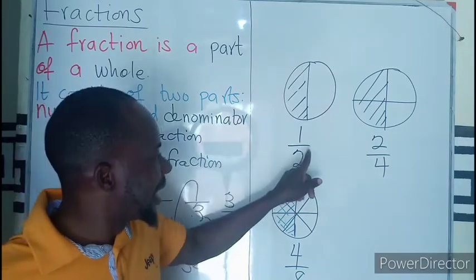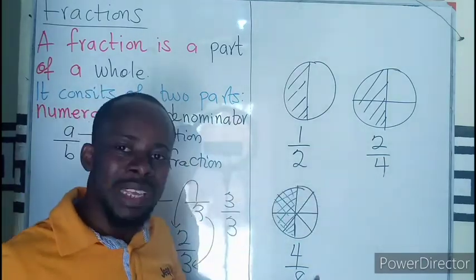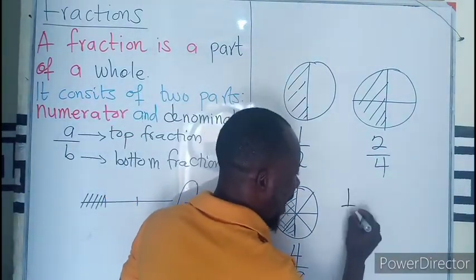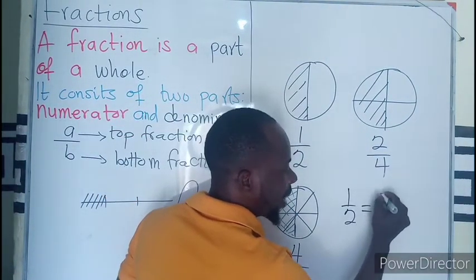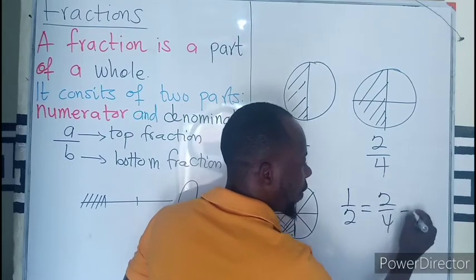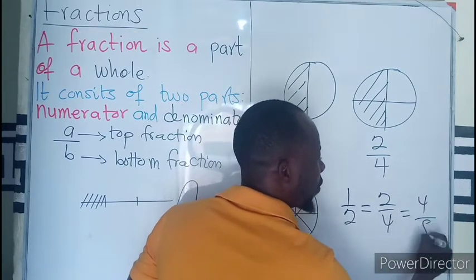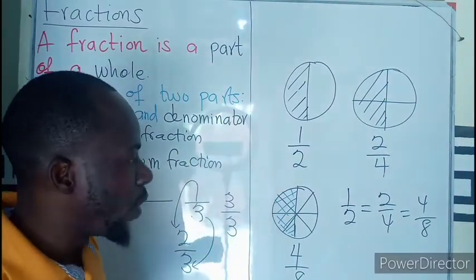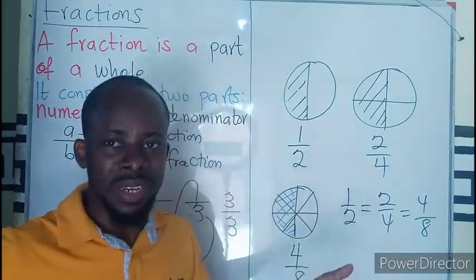So you can see that this and this seem to be the same. It means it's the same. Simply put, 1 out of 2 is the same as 2 out of 4, the same as 4 out of 8. How possible? This is what we call equivalent fractions.